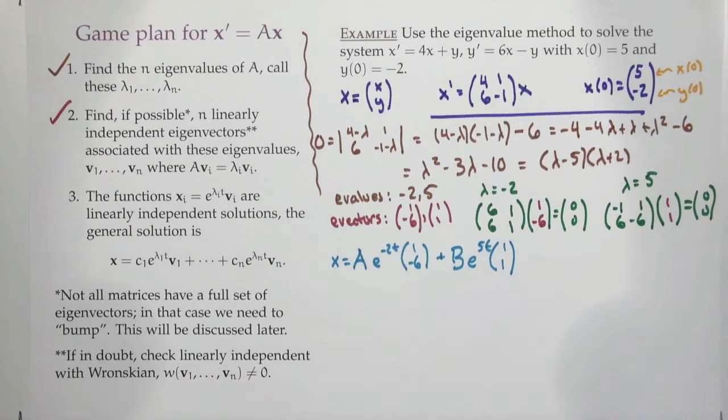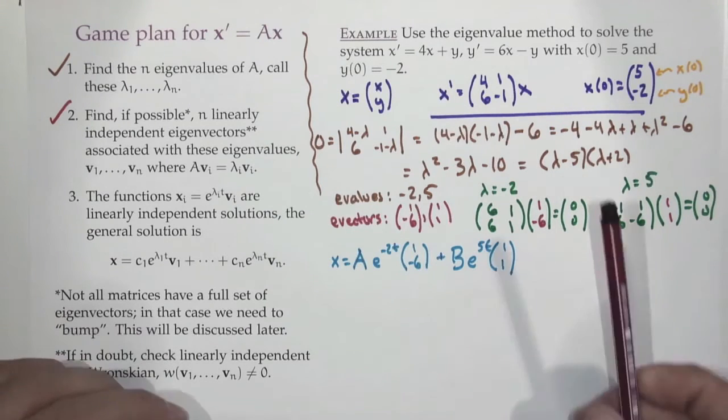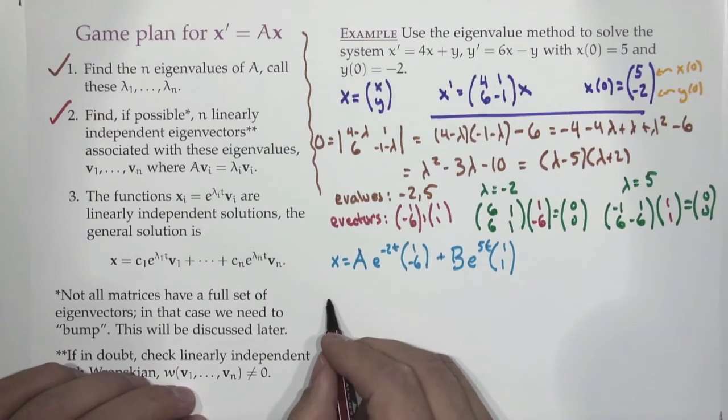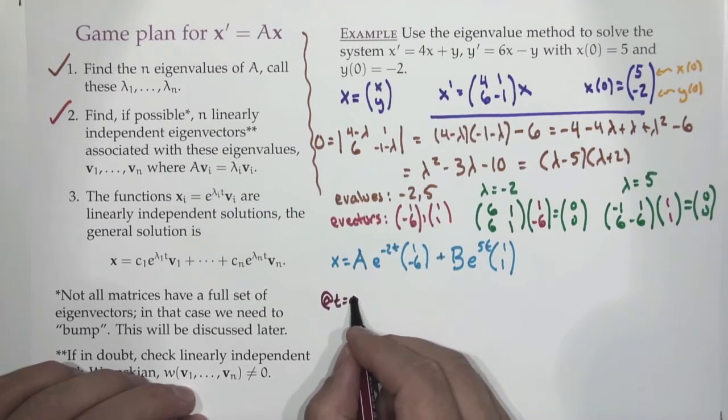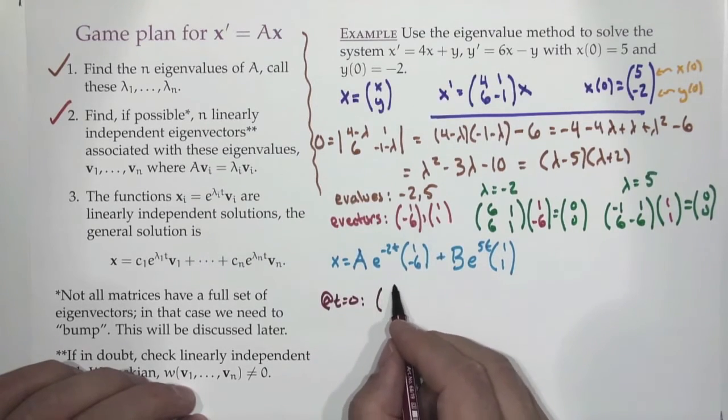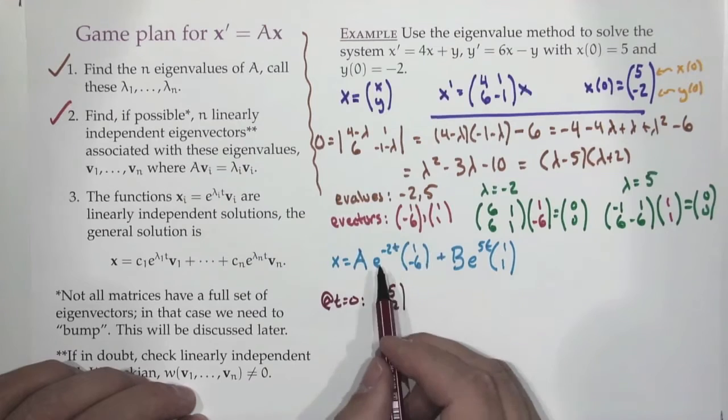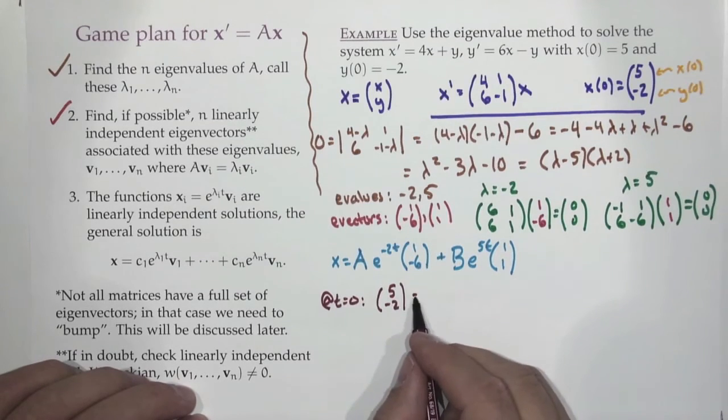So what do we do? Plug in 0. So, all right, at t equals 0, we have 5, negative 2. And the nice thing is e to the 0 is 1.